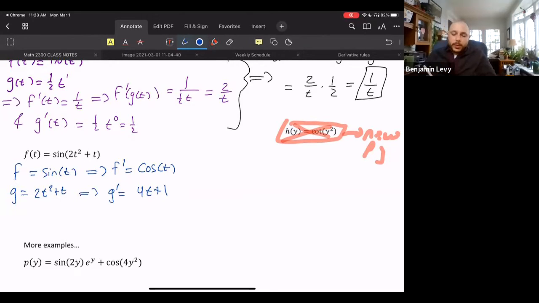The g prime part is part of the answer, the thing we multiply by. We need to take the f part, the outside part, a step further and plug the g part back in. So it's really cosine of 2t squared plus 1, plus t, excuse me.